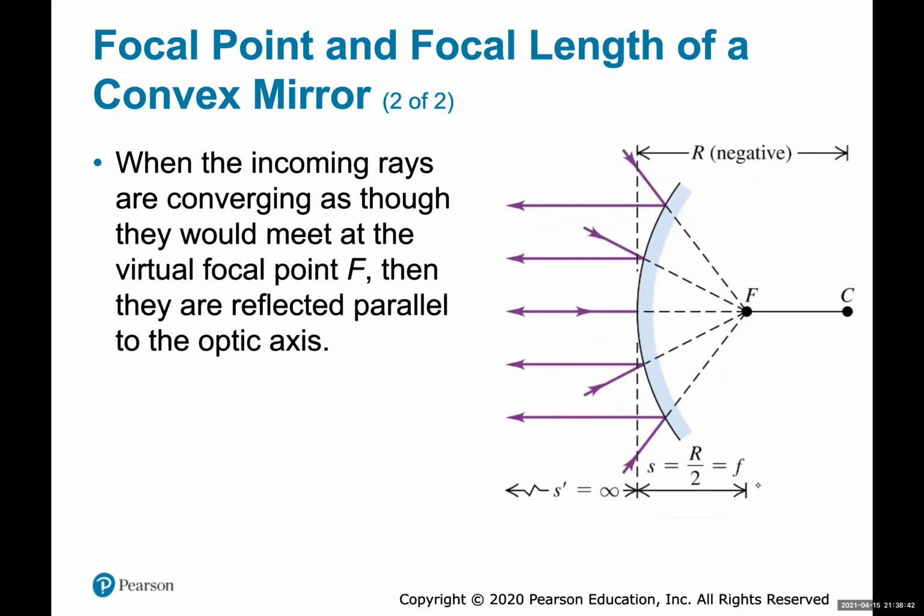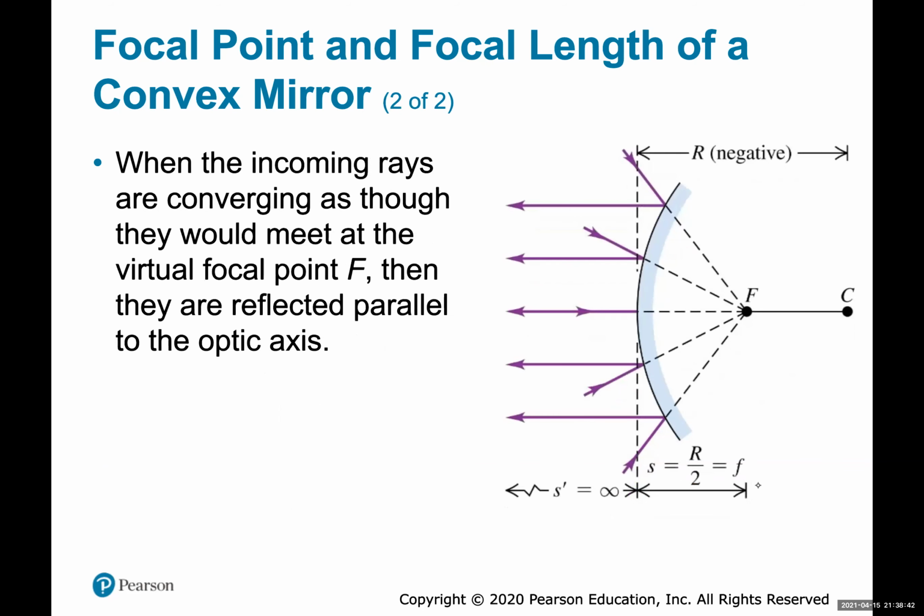And yeah, their first choice, ray number one, is the ray that is parallel to the optical axis that reflects through the focal point. Choice number two is the ray, and you have some freedom with these, a ray through the focal point reflects parallel to the optical axis. That's the vice versa.